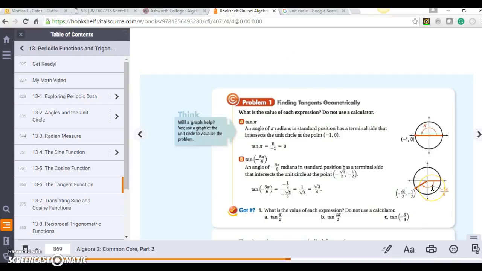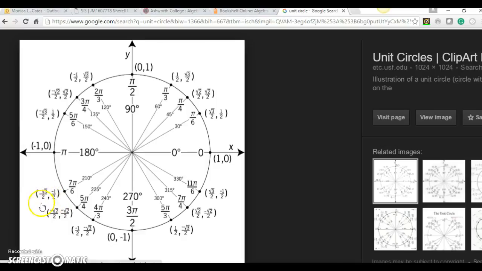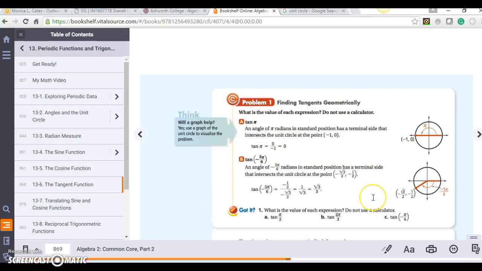So the negative of 5 pi over 6 is negative square root 3 over 2 and -1/2. So I just plug those values in, and I get my y, which is -1/2, divided by my x, which is negative square root 3 over 2. And I get 1 over square root of 3. I can't leave it like that, so I get square root 3 over 3.